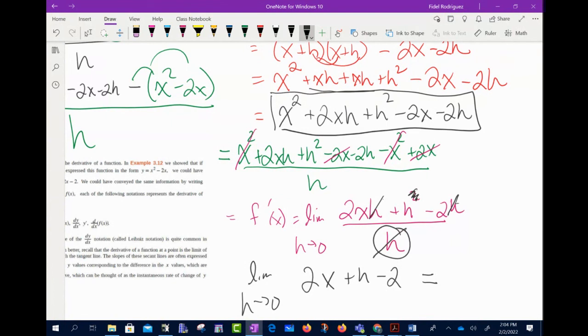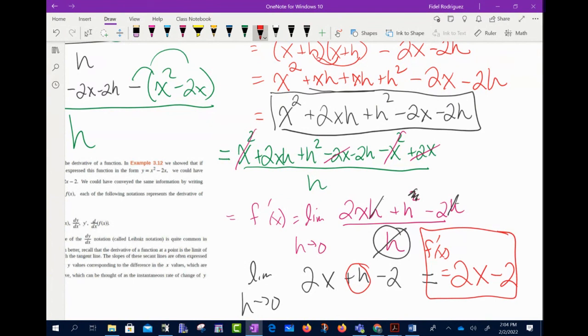But what I really want to emphasize here is this is the part where I'm actually doing the calculus, actually taking the limit. So now, if we take the limit as h approaches 0, do y'all agree that that piece is basically going to go away? Wouldn't we just be left with 2x minus 2? And this here, y'all, is my f prime of x. That's my derivative.